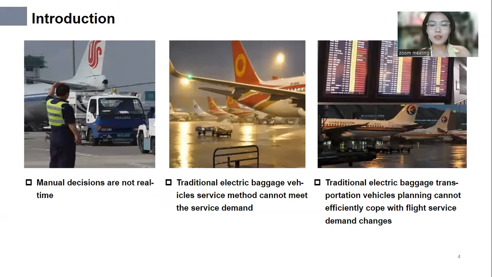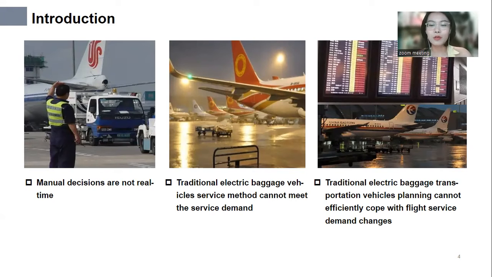As an important component of the airport ground transportation system, the operation of the baggage transportation system affects the efficiency, safety, and cost expenditure of the whole transportation system. However, there are some problems with the existing method of baggage transportation.